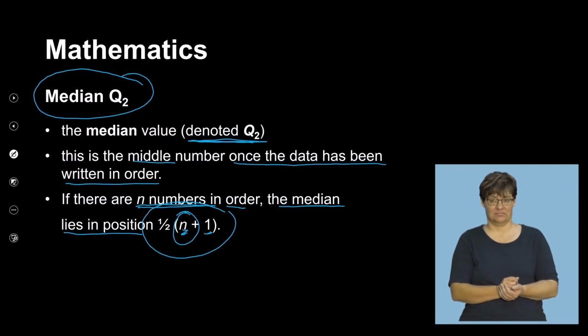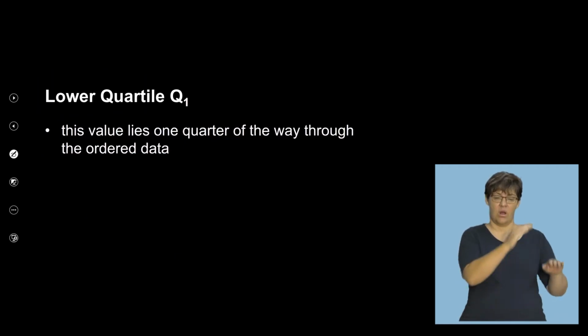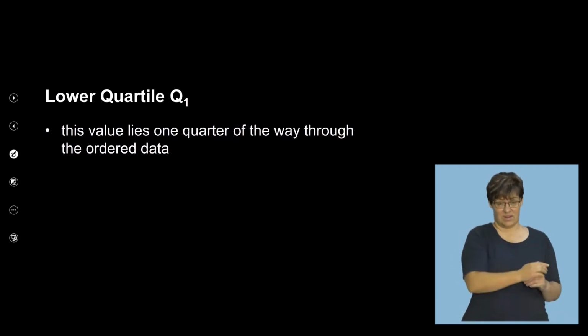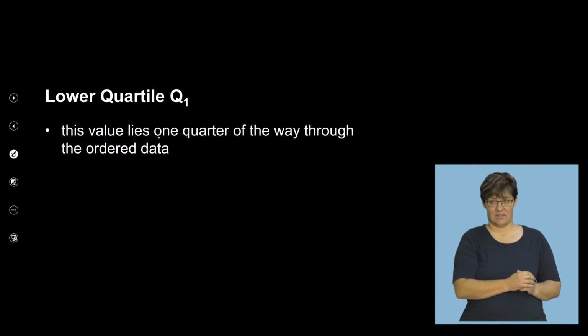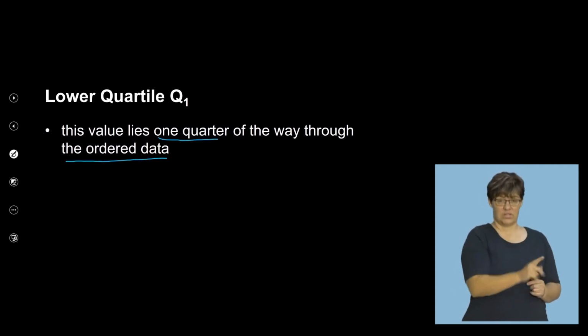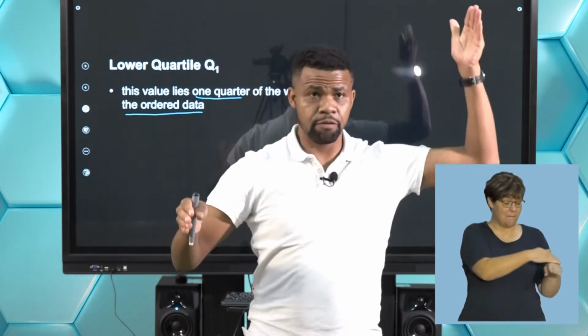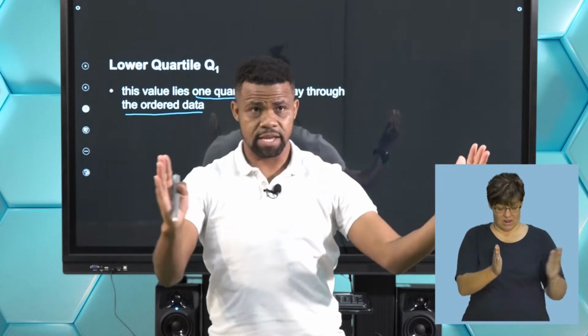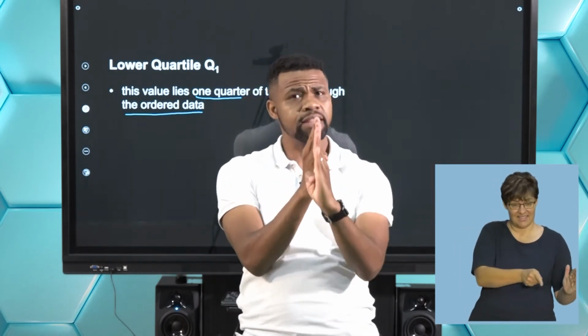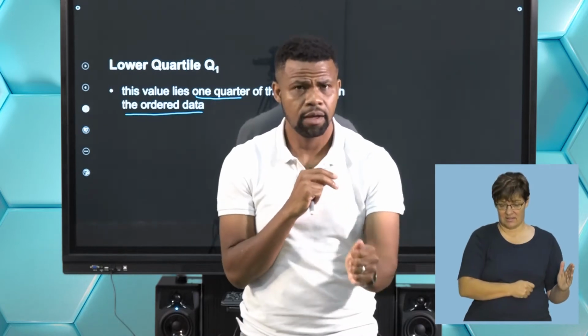Now let's look at the lower quartile. This value lies 1/4 of the way through the ordered data. So we have the median. Then from the minimum value to the median, I find the median. That median, we call it the lower quartile, or Q1.